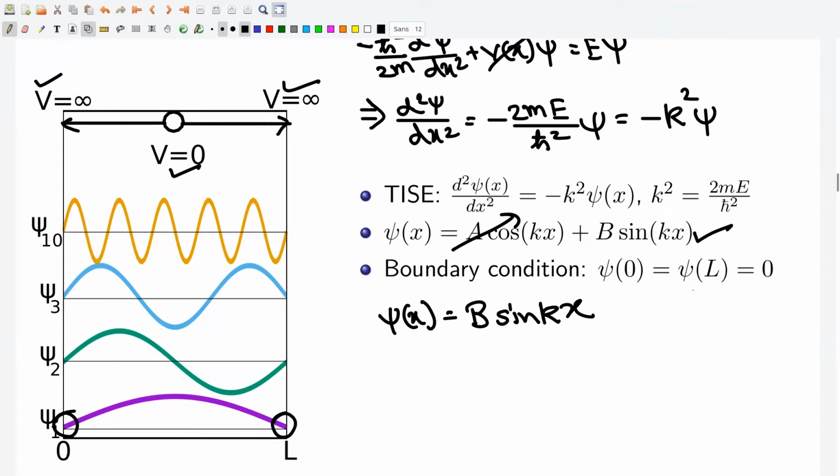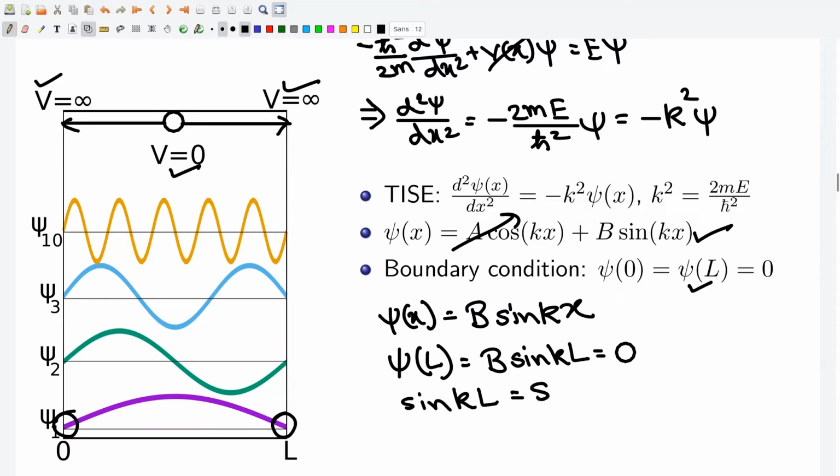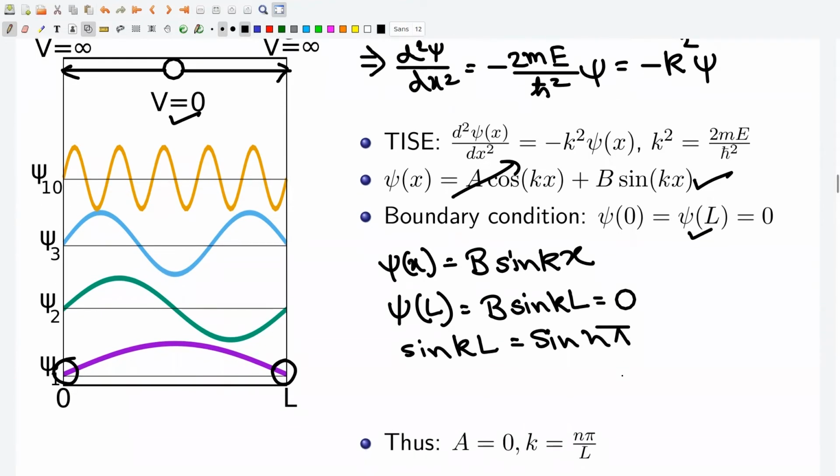Now, we can use this part of the boundary condition, which tells that psi of L is equal to B sine KL is equal to 0, and which implies that sine of KL is equal to sine of n pi. This implies that k n has to be equal to n pi by L.